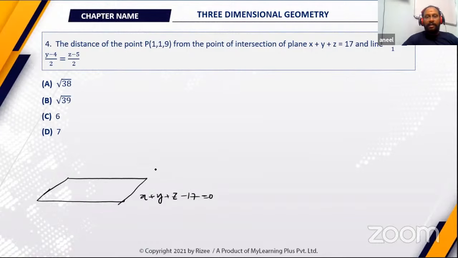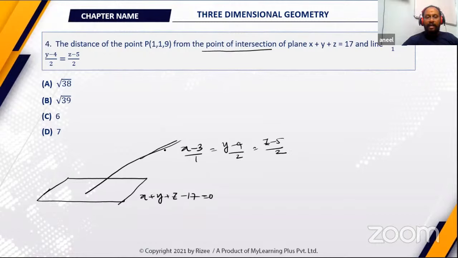The line is there, and that line is intersecting, that is why he's saying point of intersection. Say the line is like this: (x minus 3) by 1, (y minus 4) by 2, (z minus 5) by 2. The line is coming and intersecting at this particular point. Say this point is Q, because we have already named P.